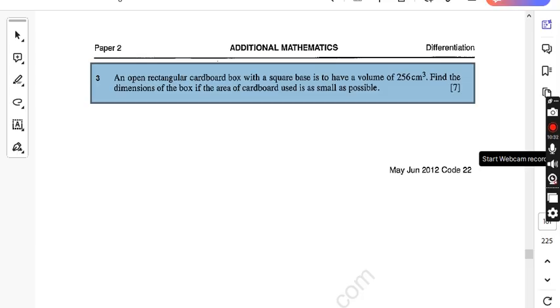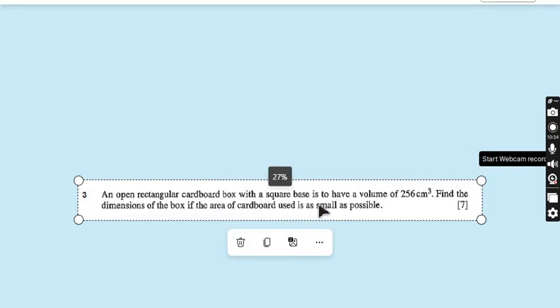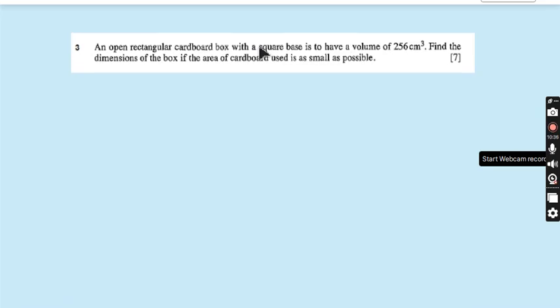See this question, very interesting. An open rectangular cardboard box with a square base is to have a volume of 256 cm cube. Find the dimensions of the box if the area of the cardboard used is as small as possible. So mensuration concept is involved.